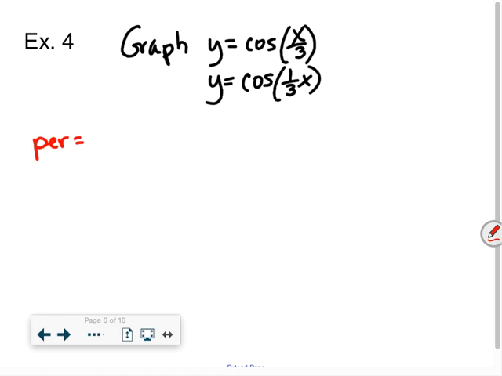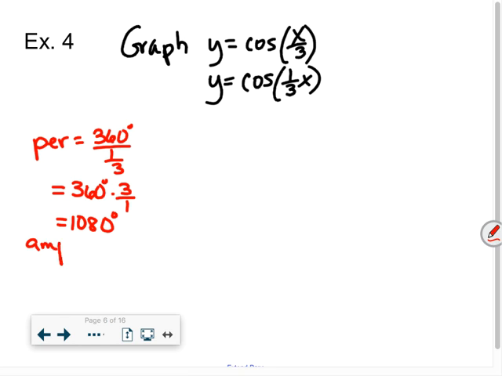So the period length is 360 divided by 1/3. Well, when you divide by a fraction, that's the same as multiplying by the reciprocal. So that's 1,080 degrees. This is like really stretched out. My amplitude is 1 and A is 1.